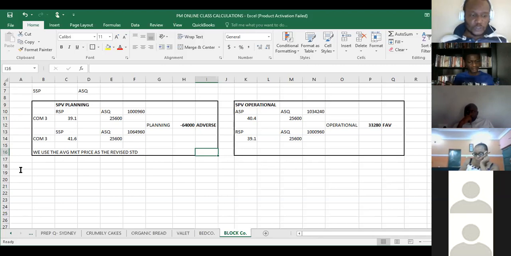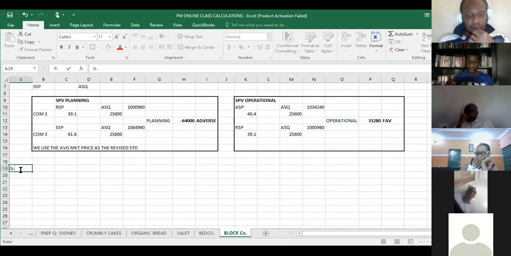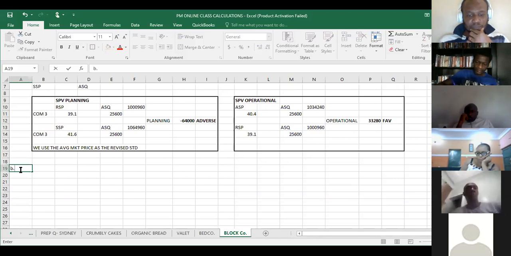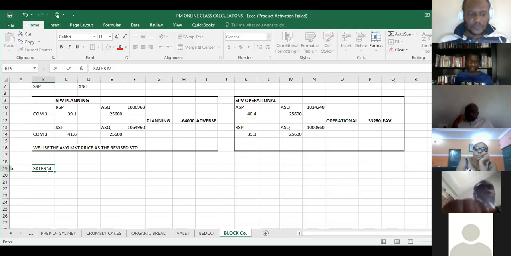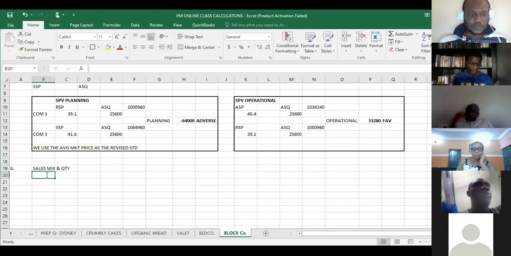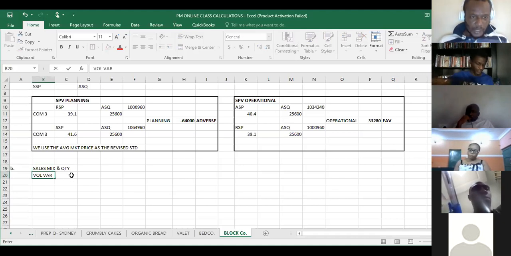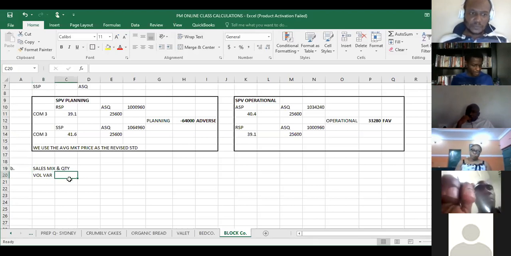The B said we should calculate the mix and quantity variance, sales mix and quantity. And we know that we'll use our volume variance for that. So our original pro forma for our volume variance: actual sales quantity and budgeted sales quantity.